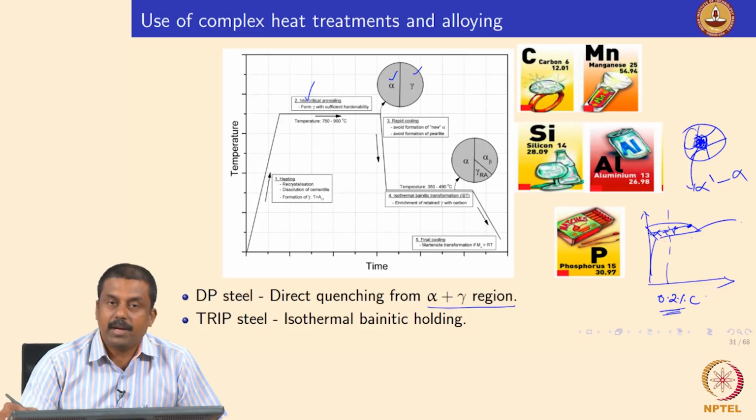These mobile dislocations are very useful to increase the ductility of the material, and the presence of martensite will also increase the strength. That is the actual idea behind generating the two phase microstructure of ferrite and martensite: increased strength, and enhanced ductility because of the mobile dislocations generated during this heat treatment.